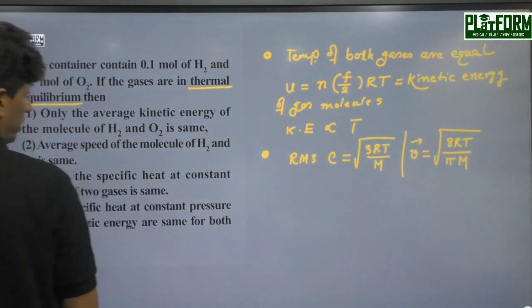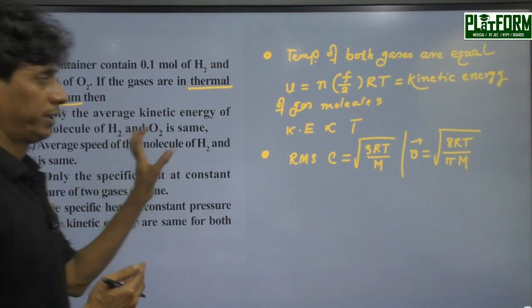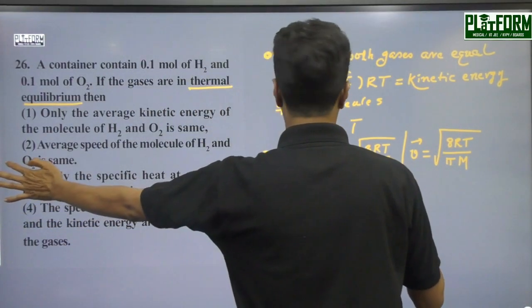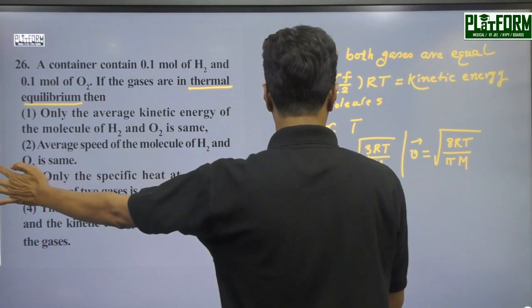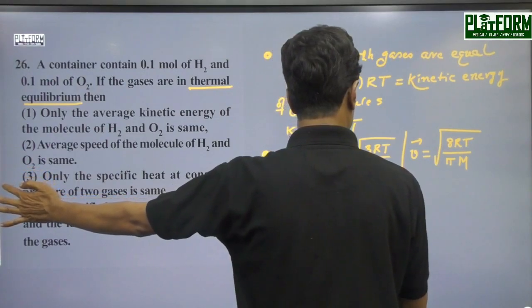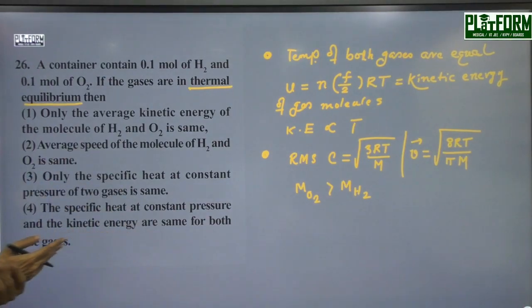Since both are diatomic gases, the molecular weight of oxygen is greater than the molecular weight of hydrogen, so their average speeds are different, though their temperatures are equal.